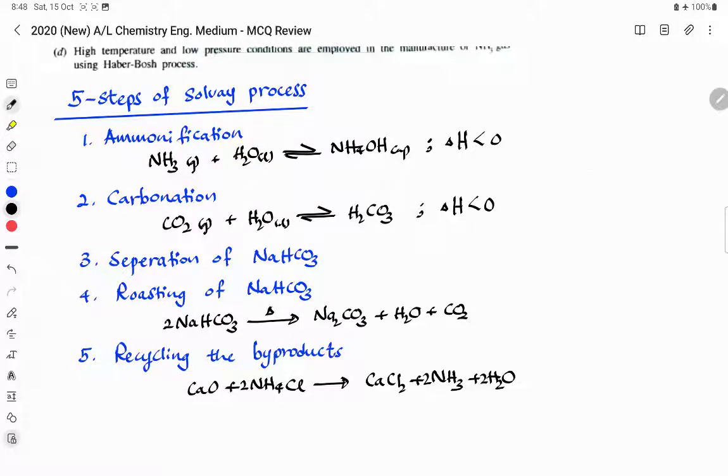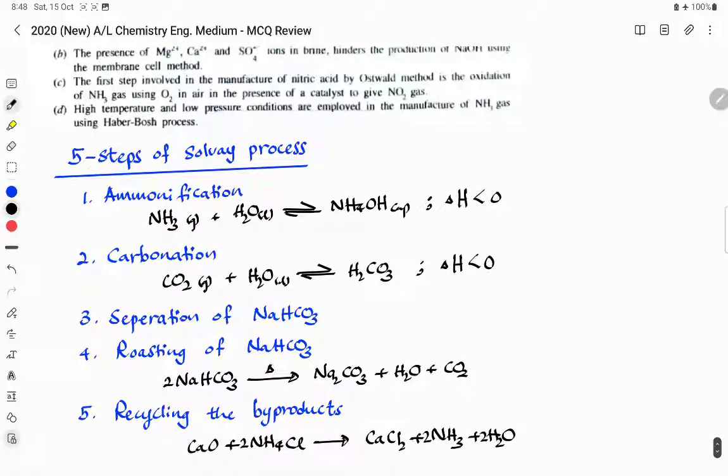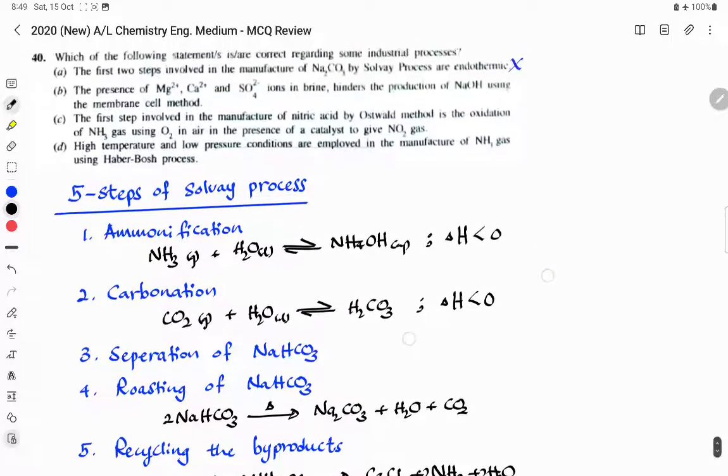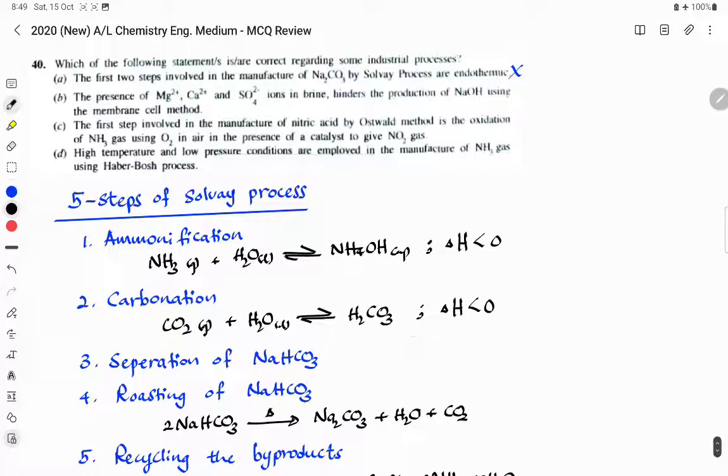So I'm not going into more details because it will take a lot of time. The video will be a very long one. Therefore, I'll stop right here. We just only need the first 2 steps, and these 2 steps involve dissolution of gases in aqueous solutions. So those are exothermic processes. Therefore, A statement is incorrect.